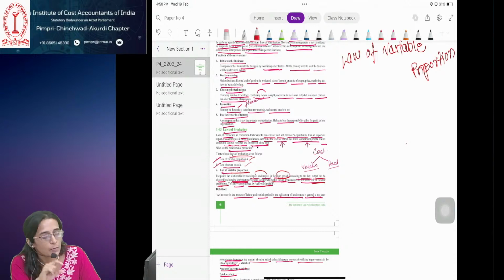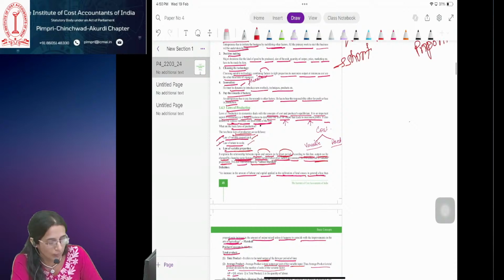Variable proportion means one factor will be variable and other factors are constant. The first thing to remember is that the law of variable proportion is for the short run and returns to scale is for the long run. So with the law of variable proportion, we will be discussing what happens in the short run.